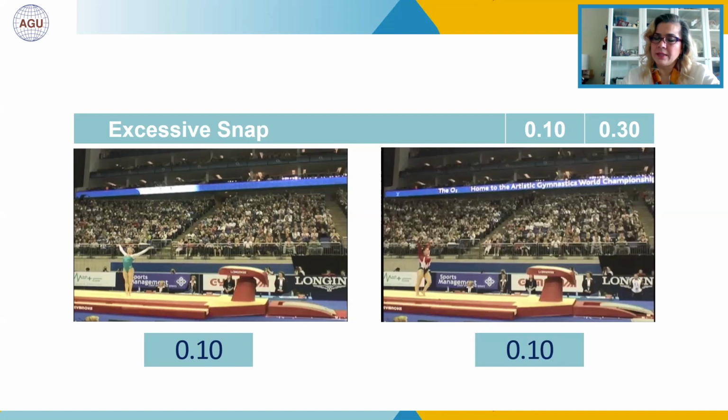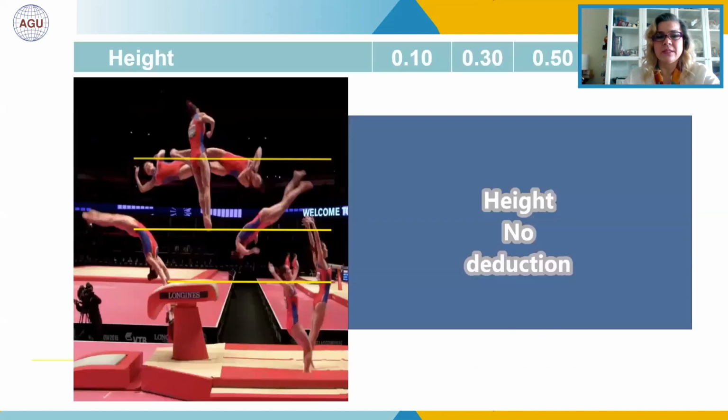Okay, let's talk about the height in the second flight phase, which has a maximum deduction of 0.5. So as you can see here, it's either 0.1, 0.3 or 0.5. And let's watch carefully the criteria for the height.